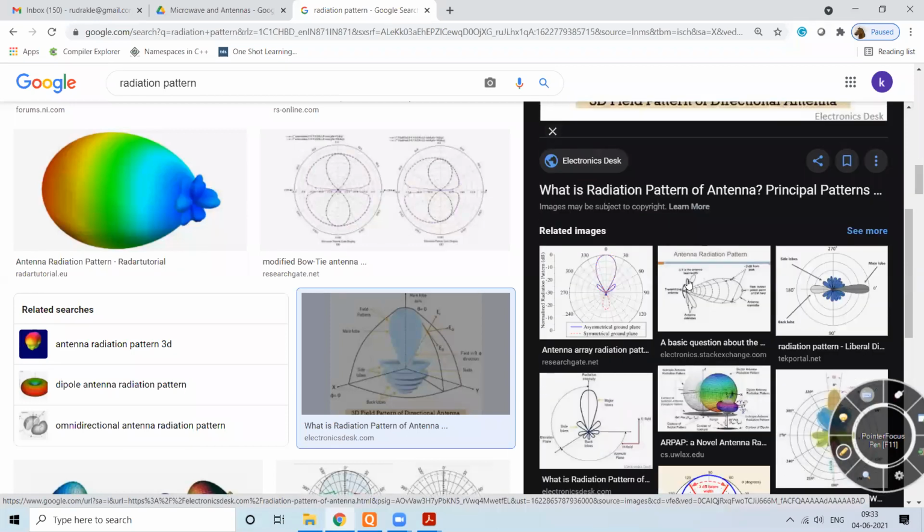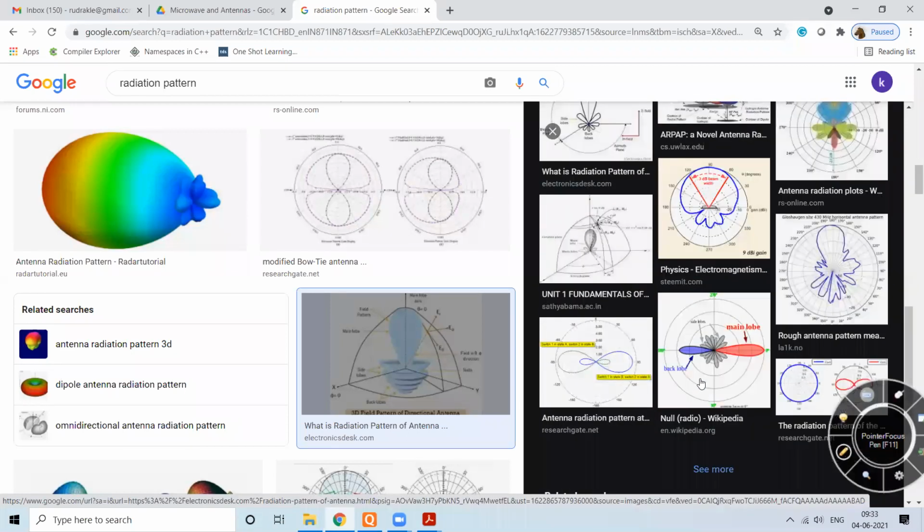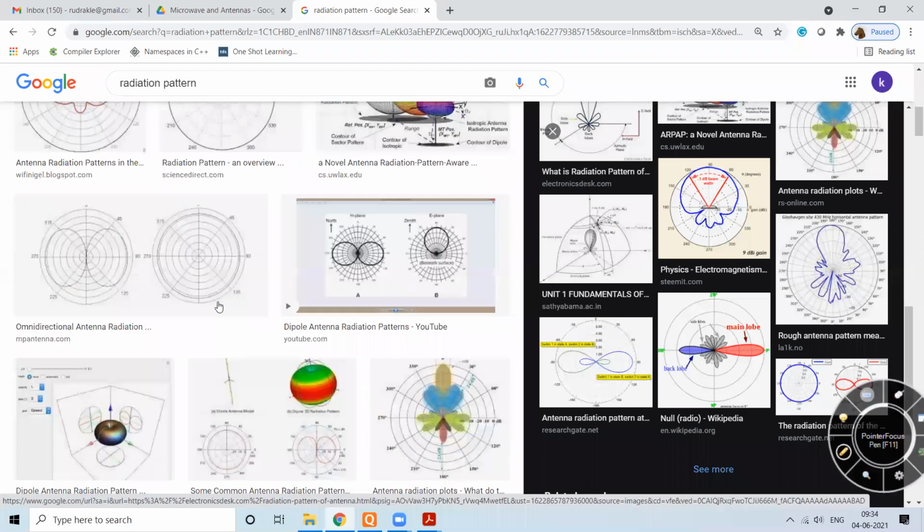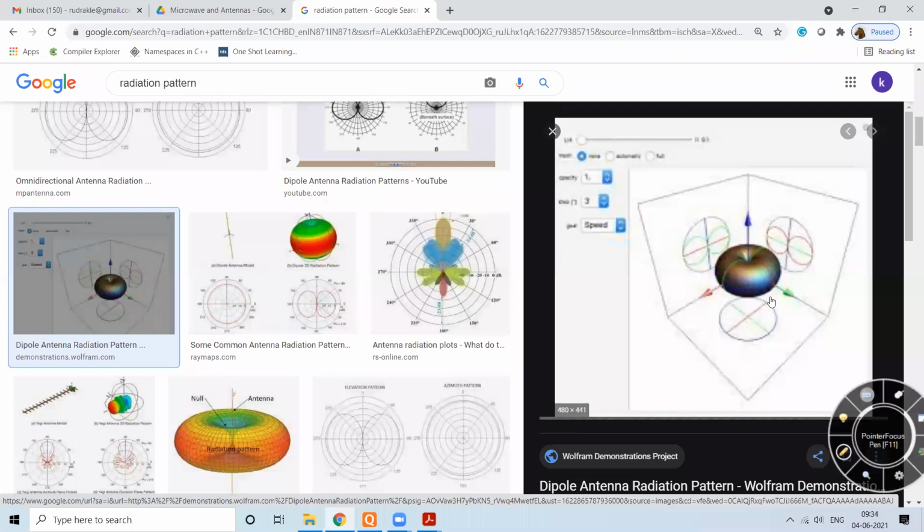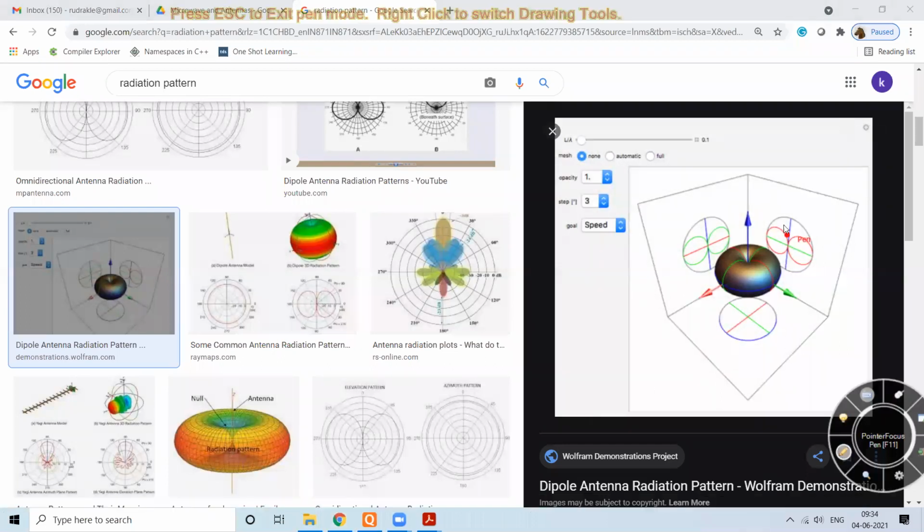So if I consider that in 2 dimensions, here it will be a little bit clearer. Here you can observe that this is the 2 dimensional representation. This side also is a 2 dimensional representation, and from the top when I view, this is a 2 dimensional representation.